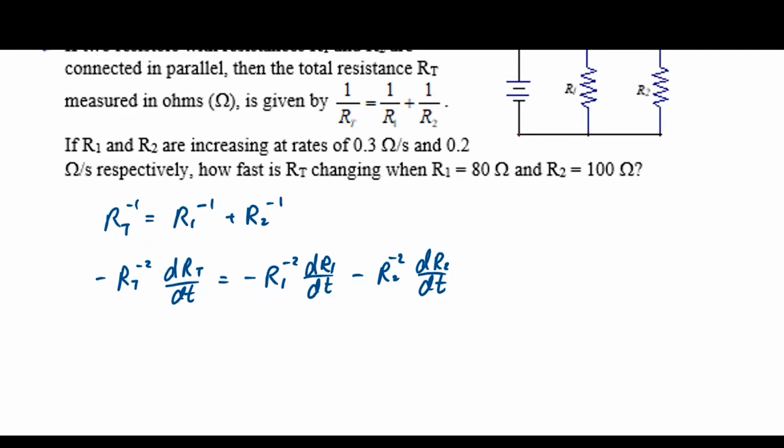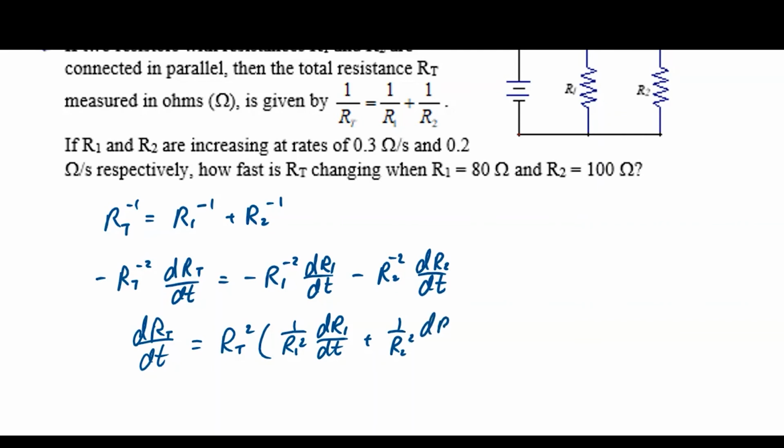Okay. Now we multiply negative Rt squared on both sides. So we have dRt over dt is equal to Rt squared, canceling the negative sign. So let's rewrite this like this. Algebra.